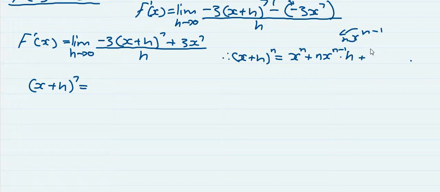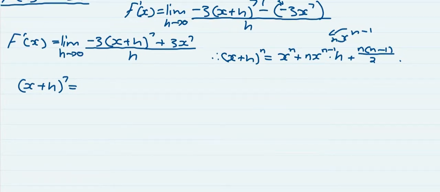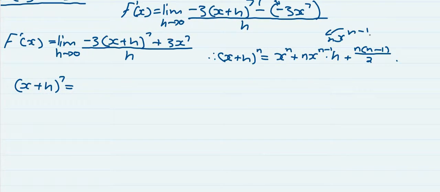Plus n into n minus 1, all divided by 2 factorial, which is 2 times 1, multiplied by x to the exponent n minus 2 multiplied by h squared.